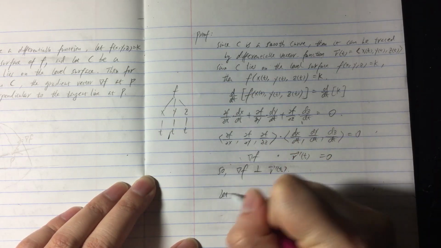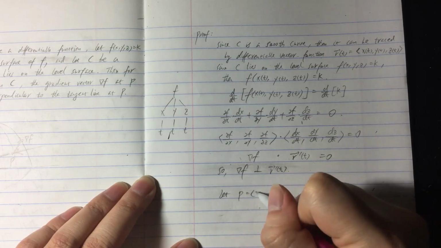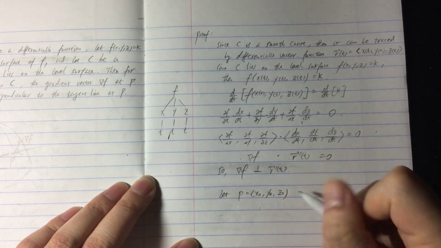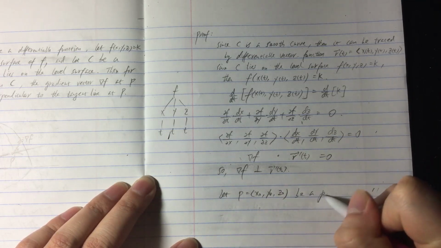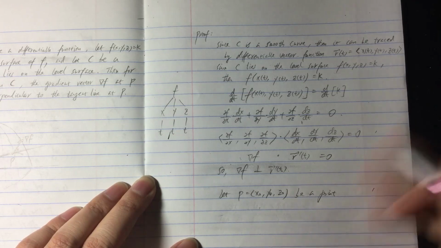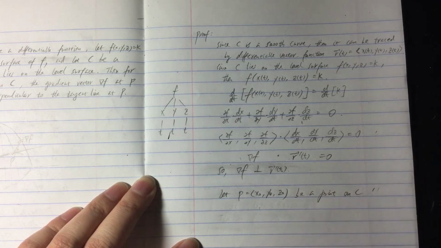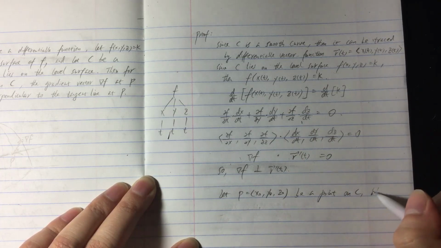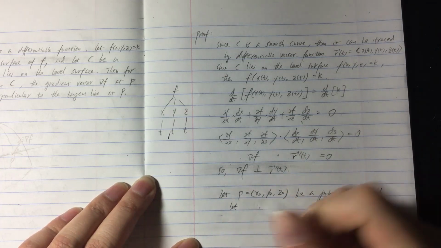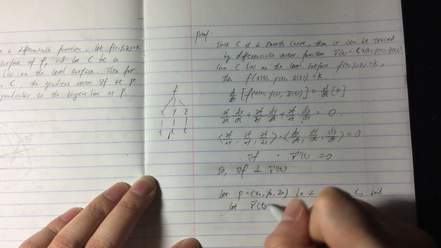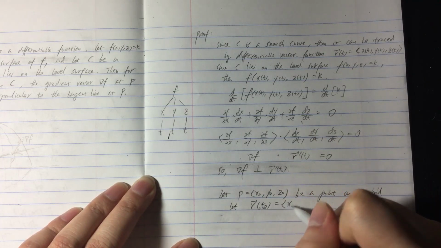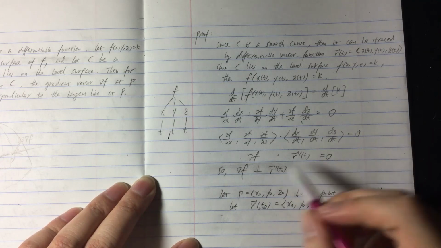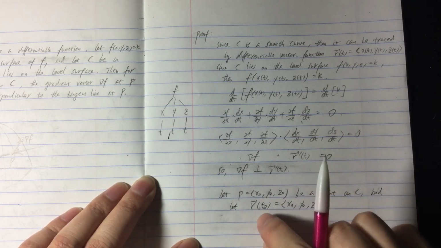Next, let P be a point on C. Assume the coordinate is x0, y0, z0, and let r of t0 equal x0, y0, z0. That means at point P, t equals t0.